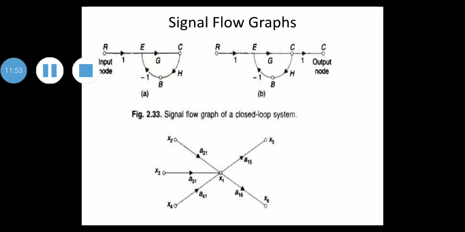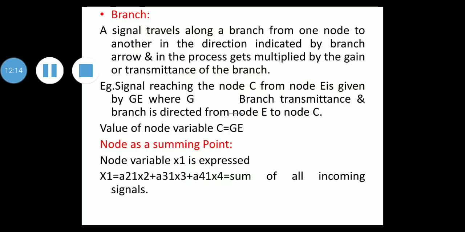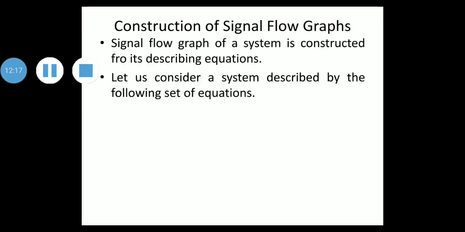The product of branch gains is G into H into minus 1, which will be minus GH. So loop gain of the loop ECBE is minus GH. Got it?